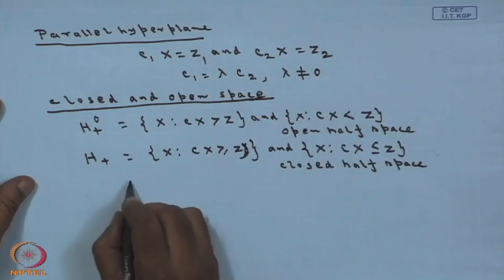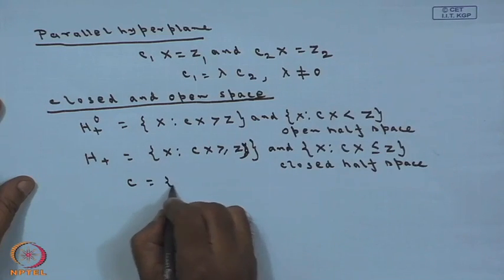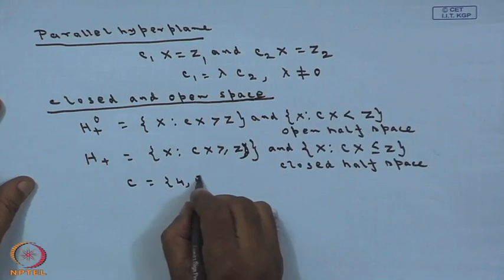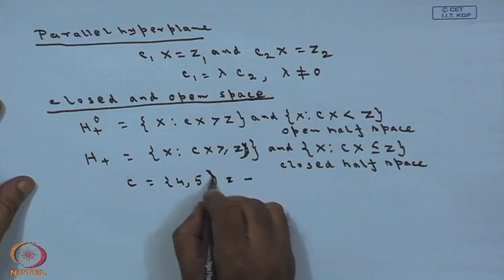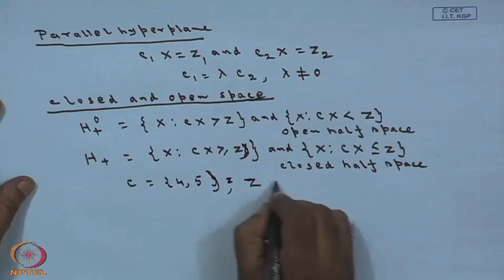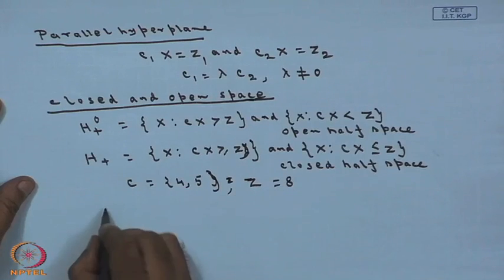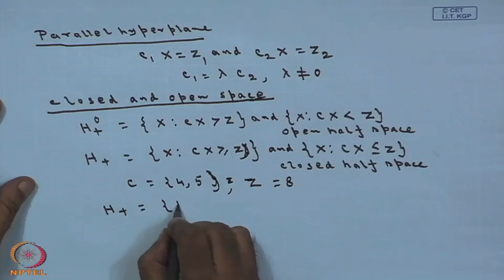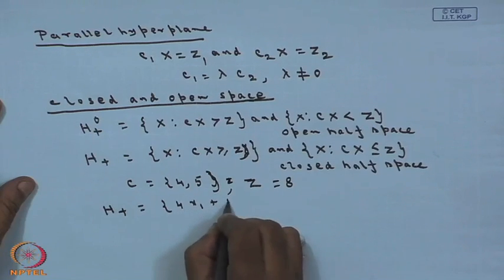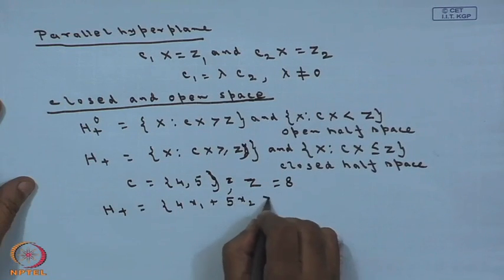For example, if C equals 4 and 5 and z equals 8, then H plus I can write as 4x1 plus 5x2 greater than or equal to 8.